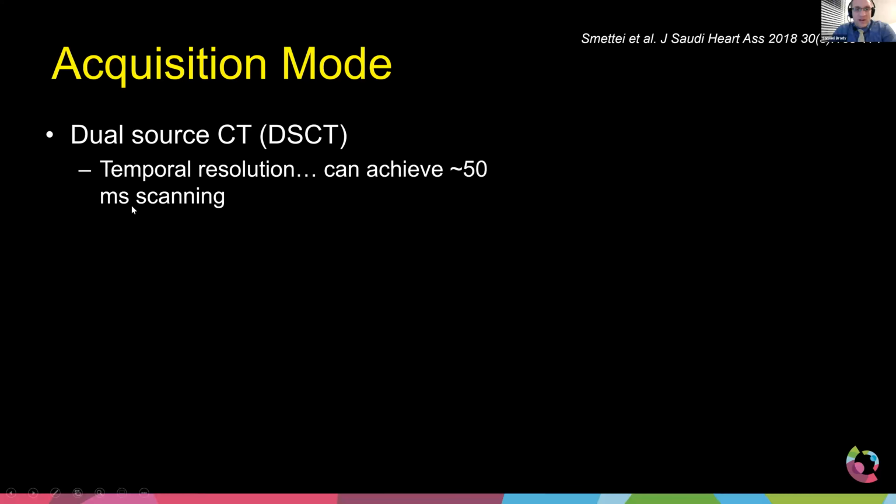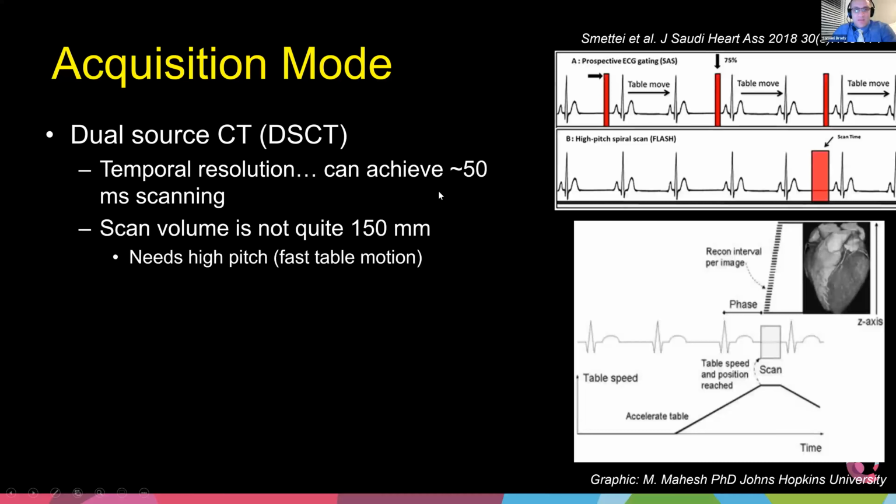Okay, so we obviously just discussed how we can get really fast temporal imaging with these dual source CT scanners. Now, most of these scanners, the newest one does have actually a pretty wide detector, but most of them are still narrow detectors. Therefore, all of the dual source CT scanners are still usually acquired in helical acquisition.